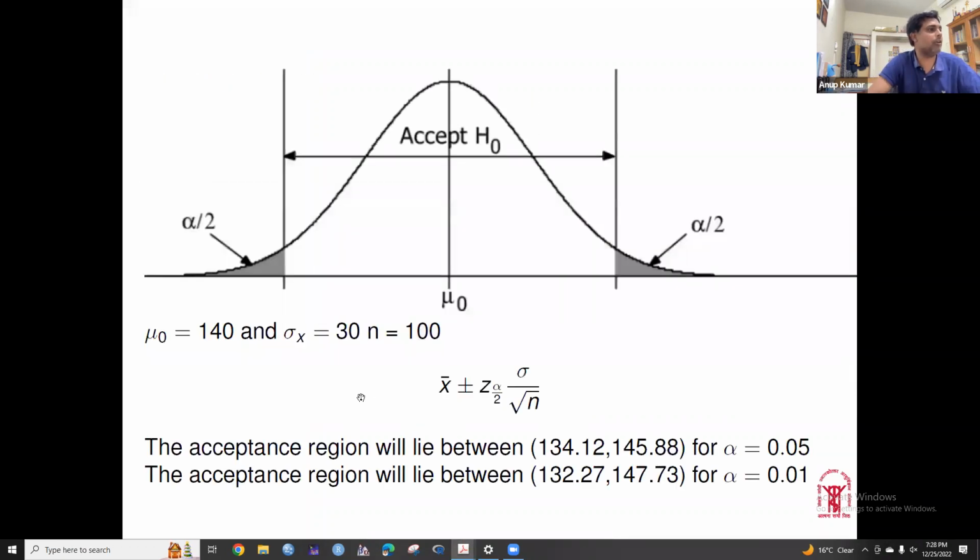So for this, you can see the confidence interval x bar plus minus z alpha by 2 sigma by under root n. This is your confidence interval. And the acceptance region will lie between 134.12 and 145.88. Now, what is the meaning of it?